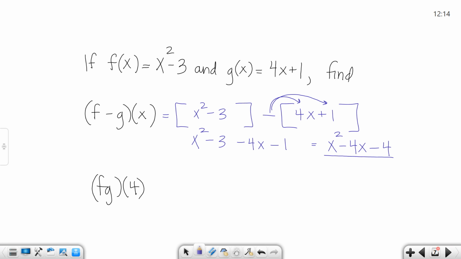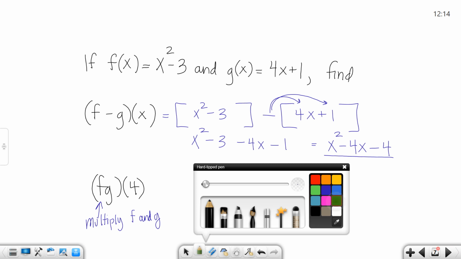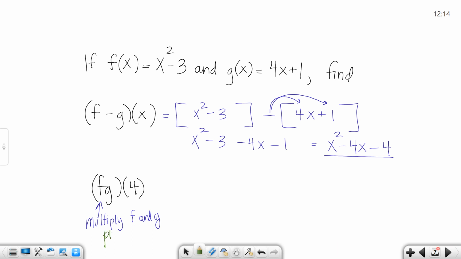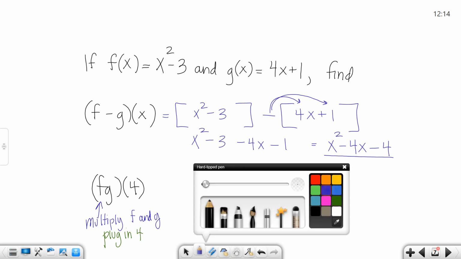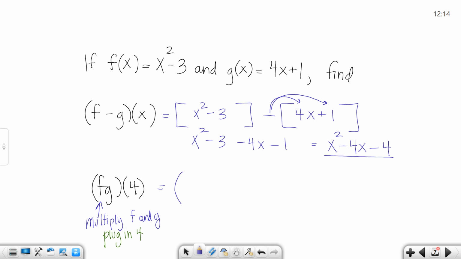Okay, your second one, you're going to do this operation. We're going to multiply f and g, and after we multiply f and g, we're going to plug in 4. Okay, so f looks like this, g looks like this.